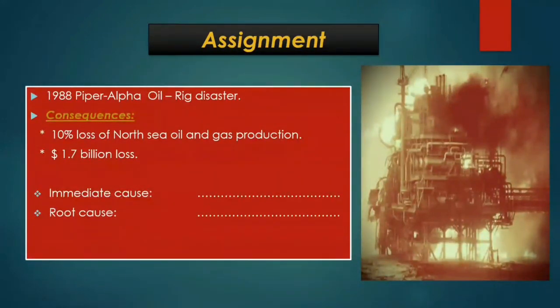So the question here: what are the immediate and root causes of this disaster? Please watch the video, and my recommendation is to watch the CSB video investigation about Piper Alpha before you answer these two questions.